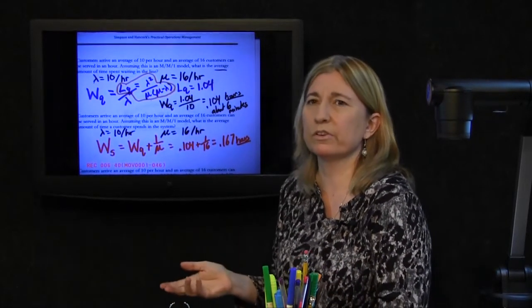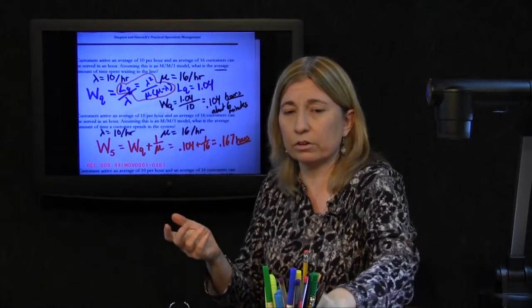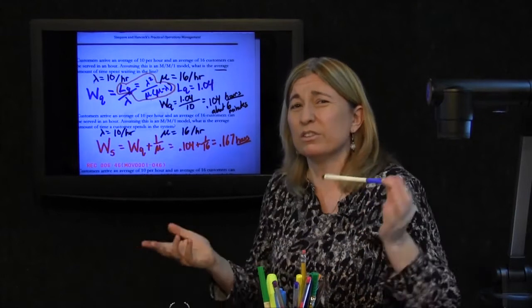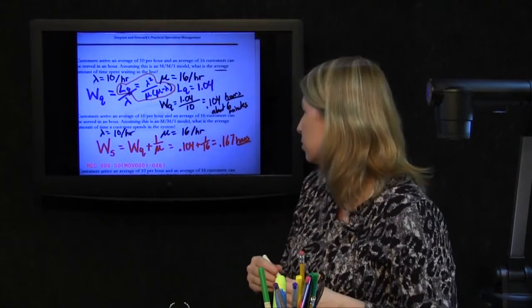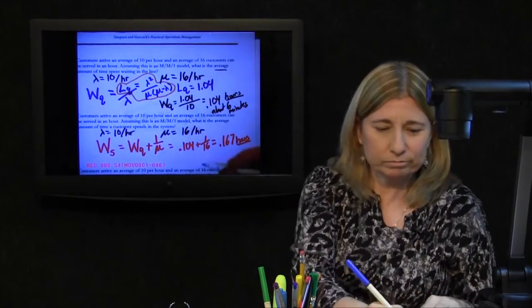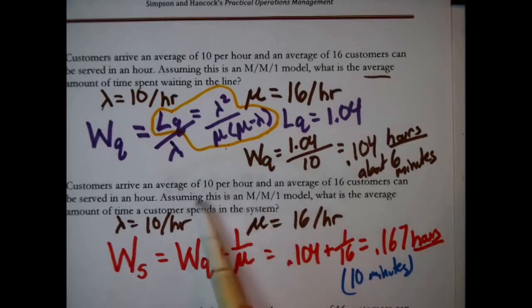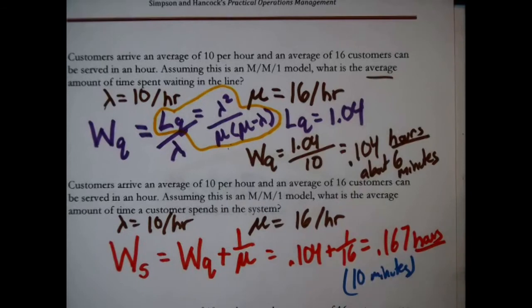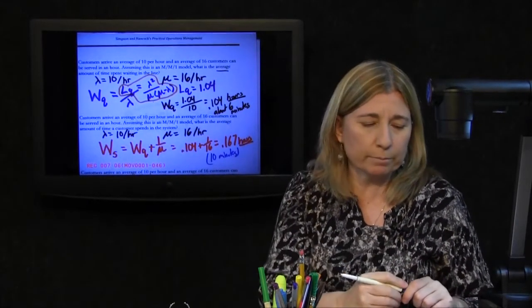It's 0.167 hours. Again, that's a correct answer, but probably not a very intuitive response. Multiply that times 60, for instance, and that reveals that, oh yeah, that's about 10 minutes. This particular system, with this amount of people coming into it, working this fast, generally takes you about 10 minutes to get in there, wait, get served, get out of there.